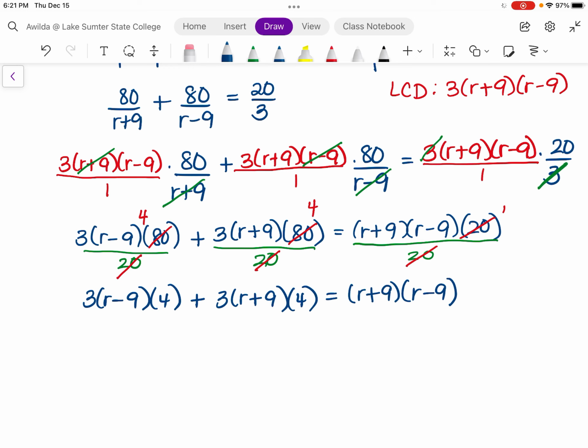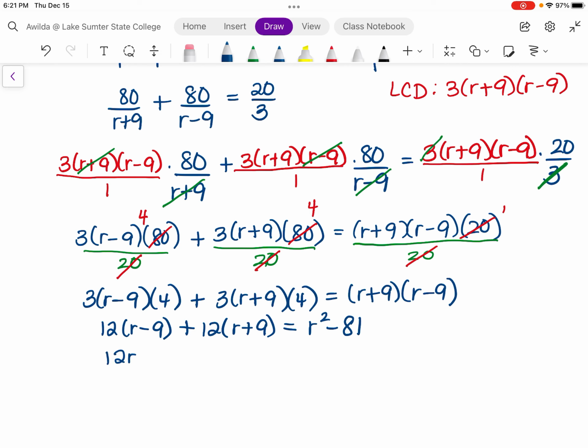Let's go ahead and clean this up. We have 12 times r minus 9 plus 12 times r plus 9 equals, I'm going to go ahead and distribute on the right. R plus 9 times r minus 9 can be written as r squared minus 81. Now let's distribute on the left.